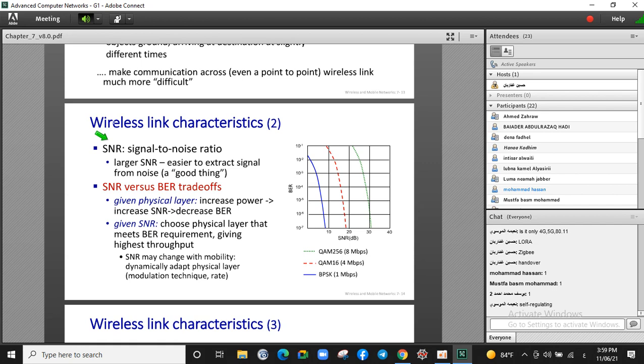SNR is a power factor, so if I'm talking about power, I should care about the SNR element.